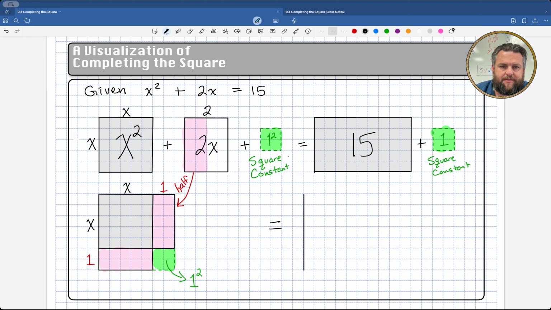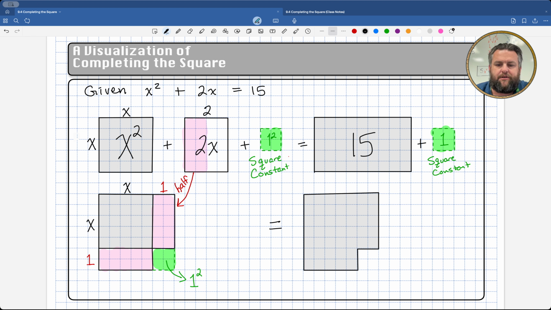So we took x plus 1, and the total area of the rectangle above, by readjusting it, doesn't actually change.